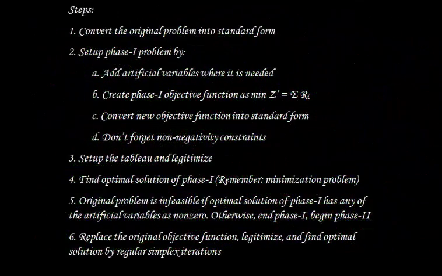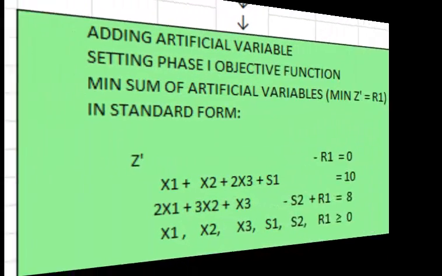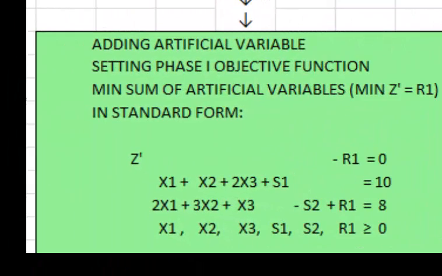We will change our objective function for phase 1 to the summation of the artificial variables. Just because in this case we have only one artificial variable, it would be just R1.